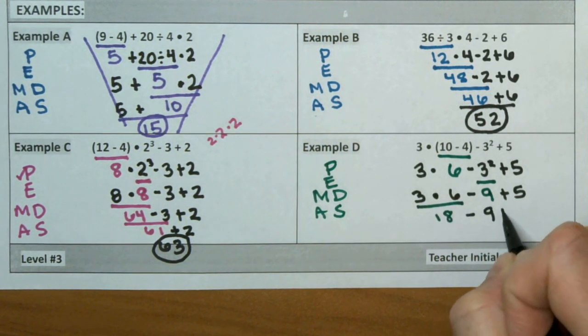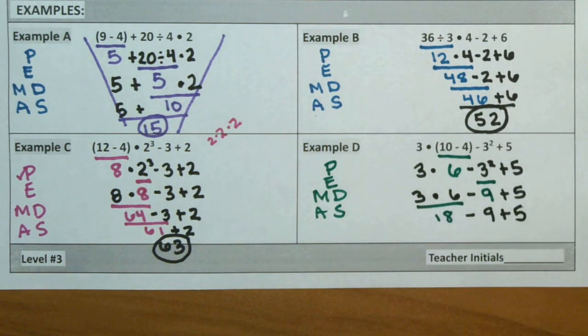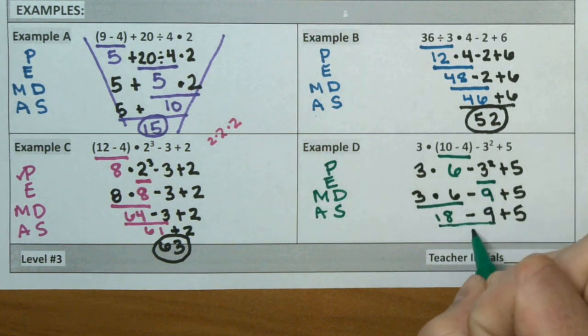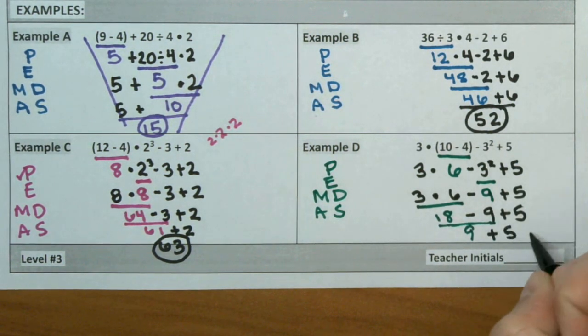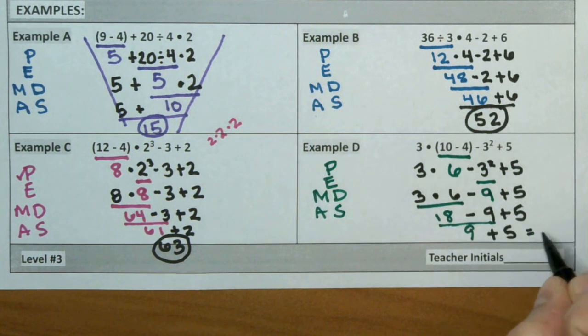Bring down our minus 9 plus 5. Addition and subtraction are equally powerful. Subtraction came first. And 9 plus 5 is, and I'll just write it over here, 14. Once you have this down, go ahead and flip to page 2.